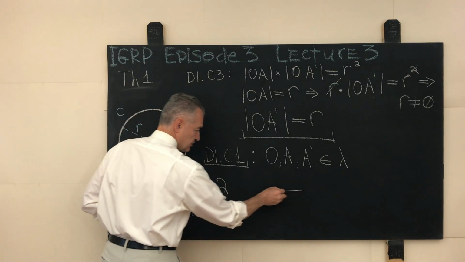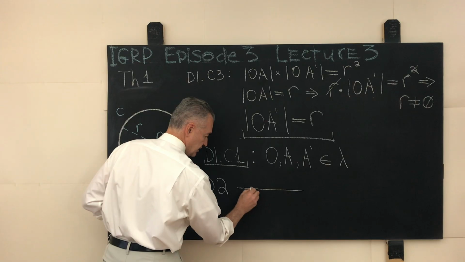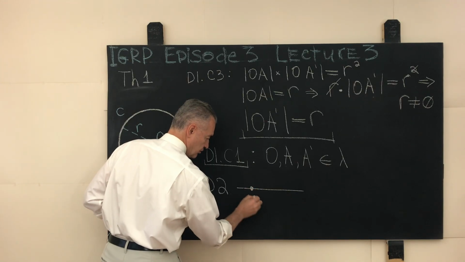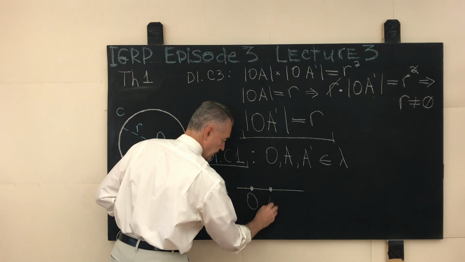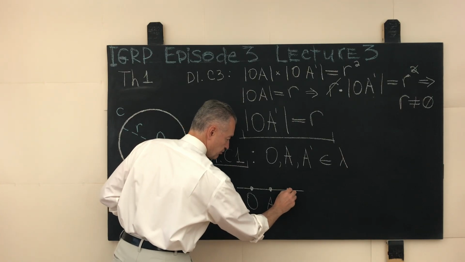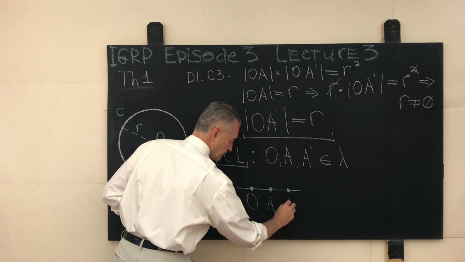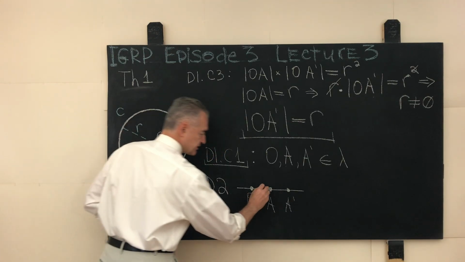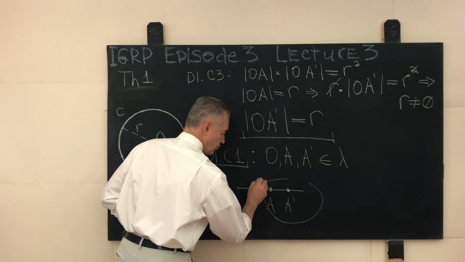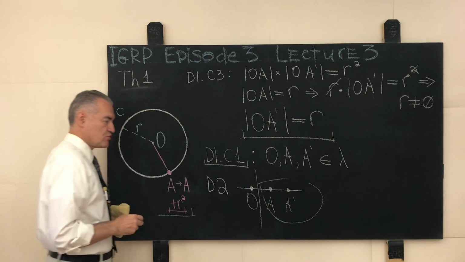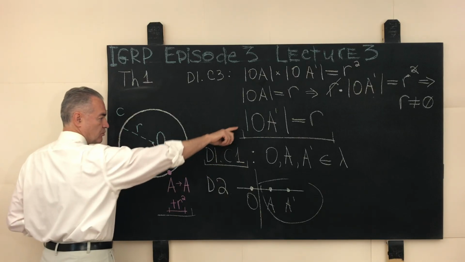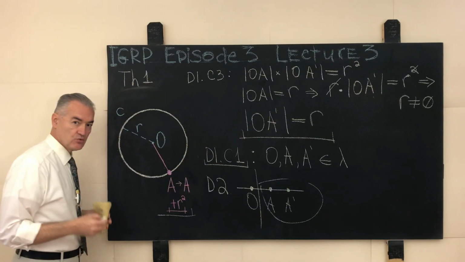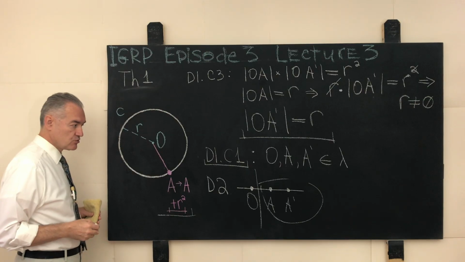Recall our definition that in this case, the center of inversion, in our case the point O, the pre-image point A, and the image point A prime are located on the same side with respect to the center of inversion O.